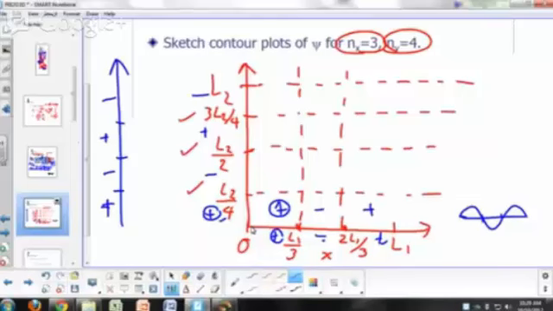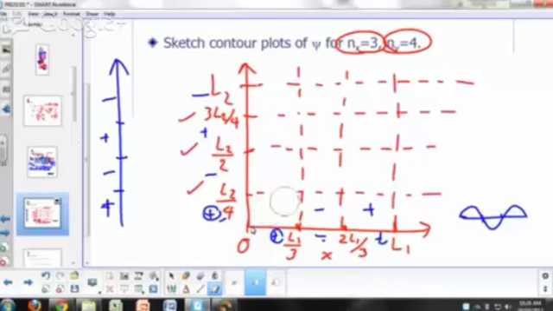So as you cross nodes, basically, the idea is when you cross over a node, you just change the algebraic sign of your wave function. So if you were to draw contour plots, you would have contour plots like that.